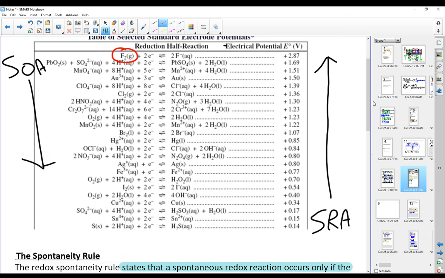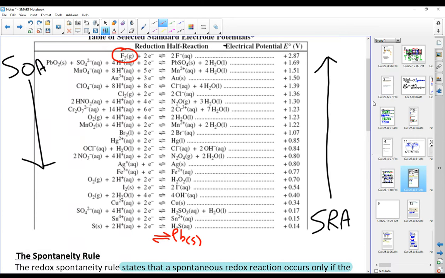What we begin to see is that lead is not on this image here. But you can go to your data book, and you will see lead solid is further down on the right-hand side of the arrow. So it is a reducing agent, and we'll find that lead is over here.